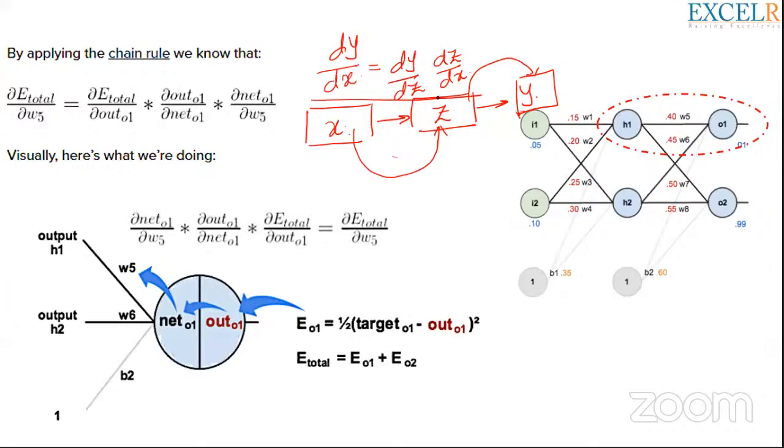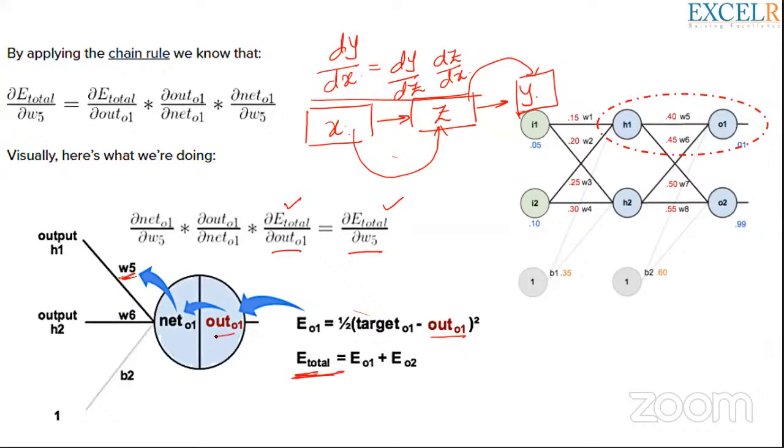Now the same chain rule we are going to use in this method. Now I want to find out the dE total with respect to W5, that is dou E total by dou W5. The E total is getting affected by this out 01, so that is dou E total by dou out 1.